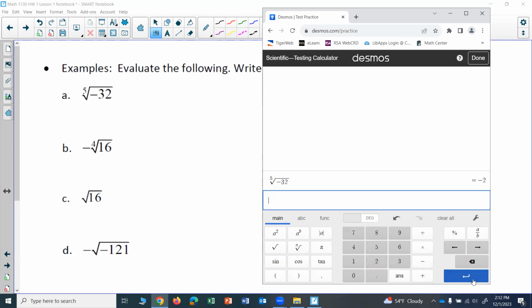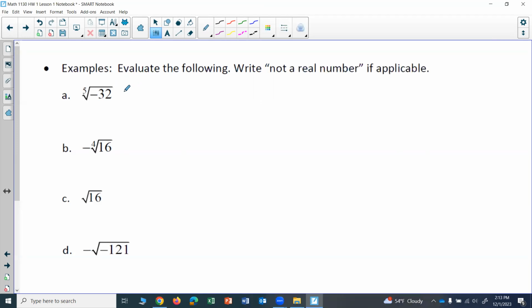And I've got my result. It's -2. So the fifth root of negative 32 is equal to negative 2, and that's because negative 2 to the fifth power equals negative 32. So we were looking for what number to the fifth power equals the radicand.